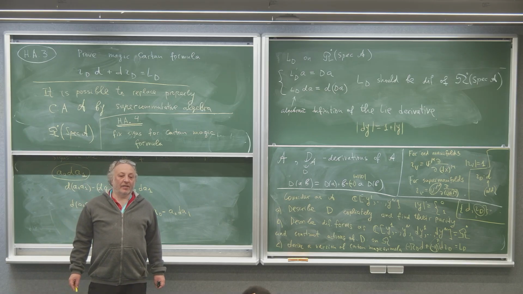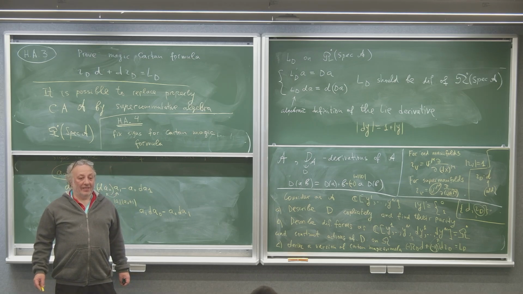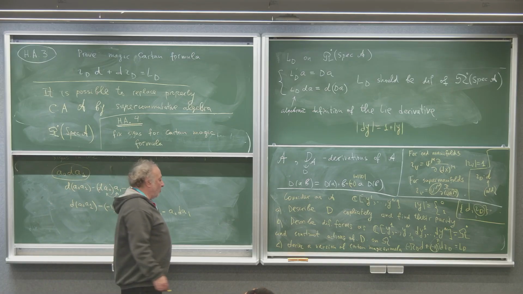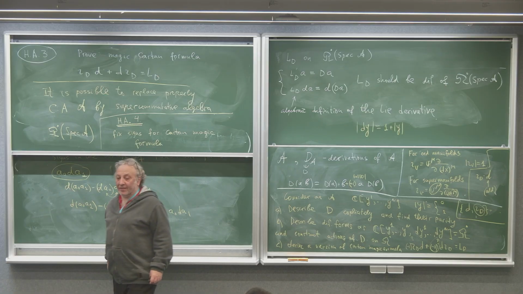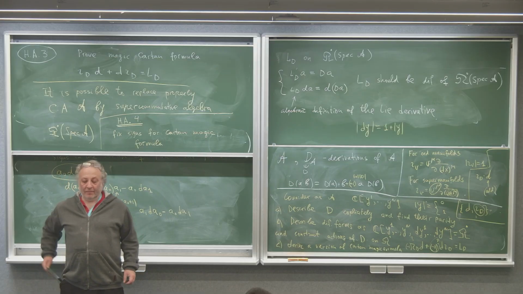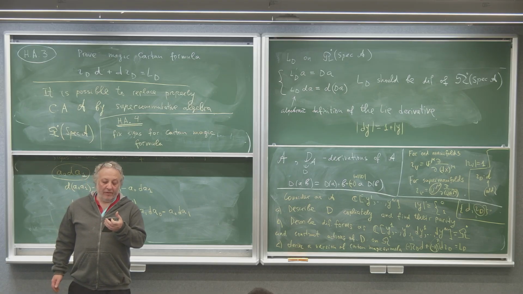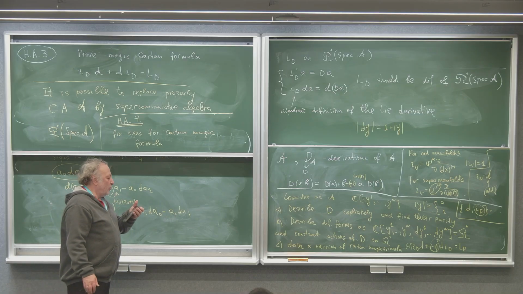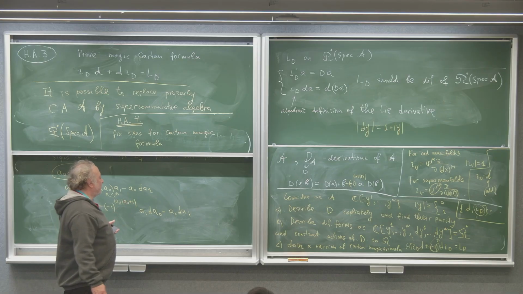Now we have to define it in a different way, and that will be the topic we will discuss after the break. So now we will have a big break, like 20 minutes, because I spoke a lot. Now it's 4, so we will resume at 5:15.